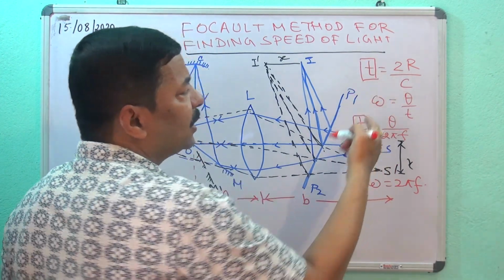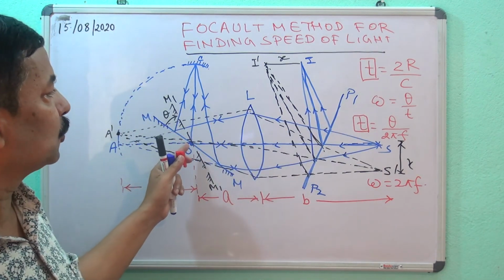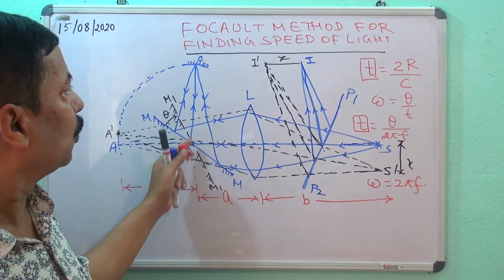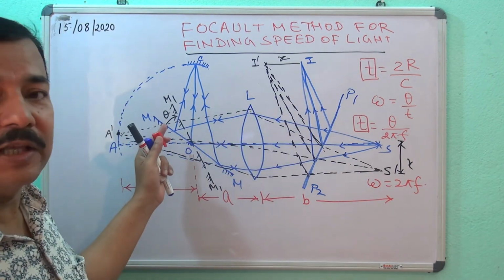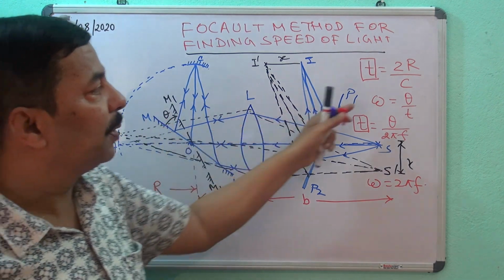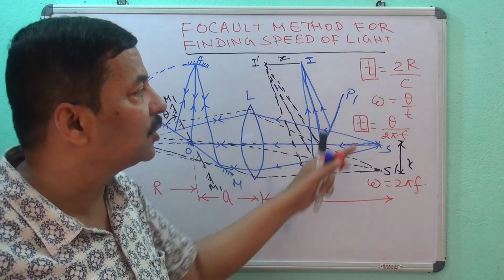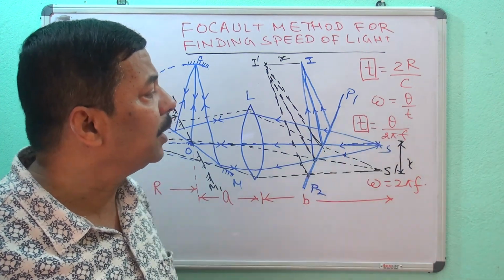In this T, the distance traveled: the time is 2R by C, since the light ray has gone from O to C and back to O. And in the same time, the mirror has rotated by an angle theta, so omega is equal to theta by T, the angular velocity, and so T is equal to theta by omega, that is theta by 2 pi f.